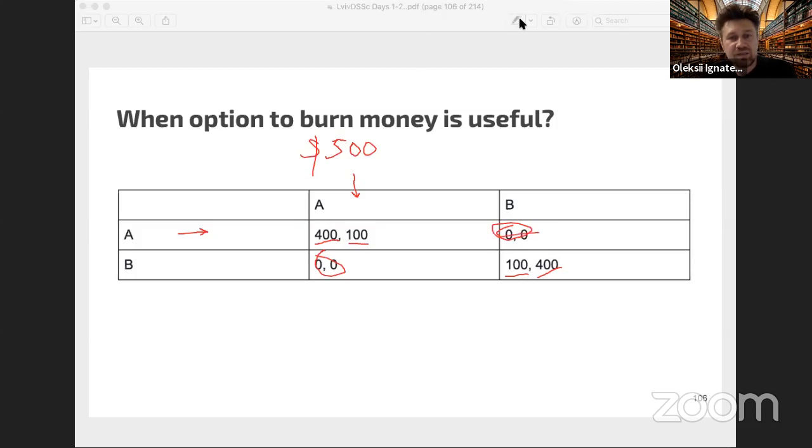This is a funny game. If you really play for money, then it's very interesting what the best strategy is. Actually, we have 2 Nash equilibria here. 3 actually.